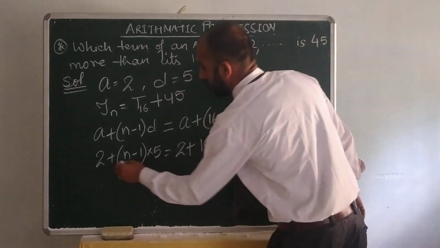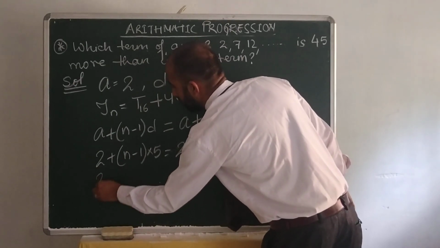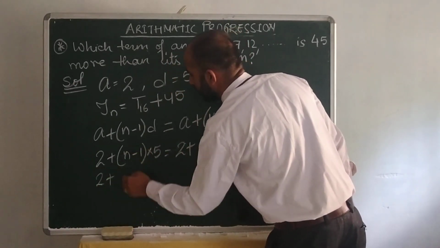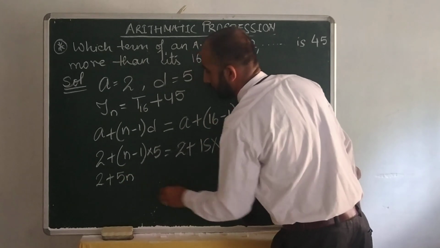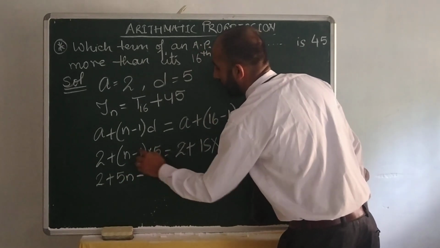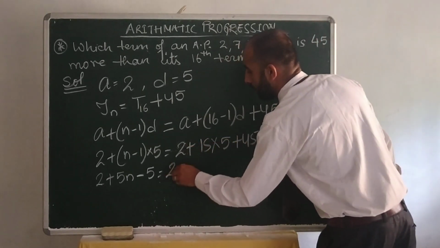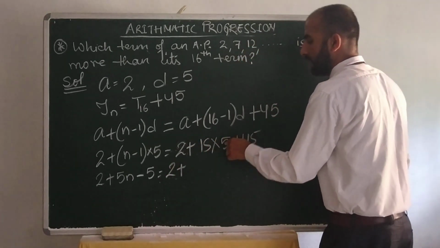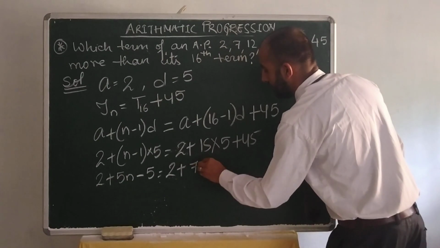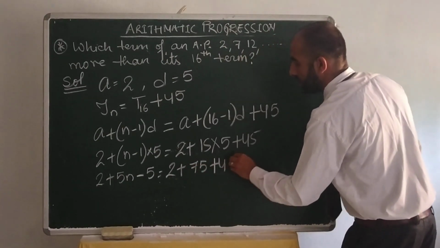Okay, 2 plus 5n, minus 5 ones are 5, equals 2 plus 15 fives are 75, plus 45.